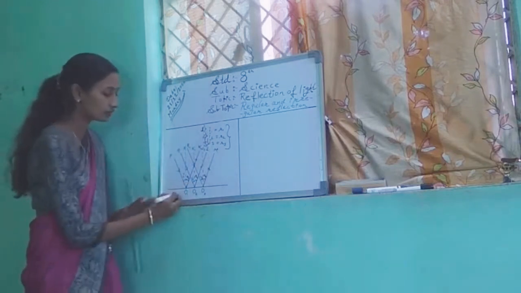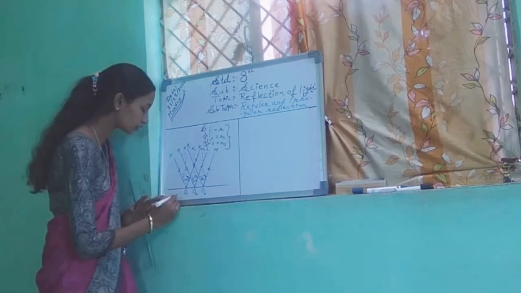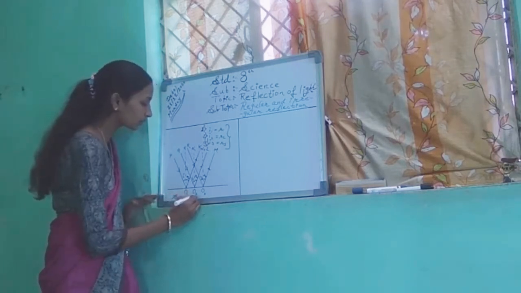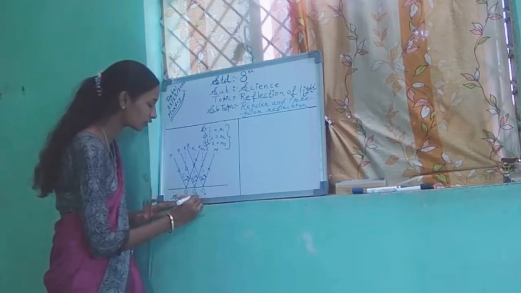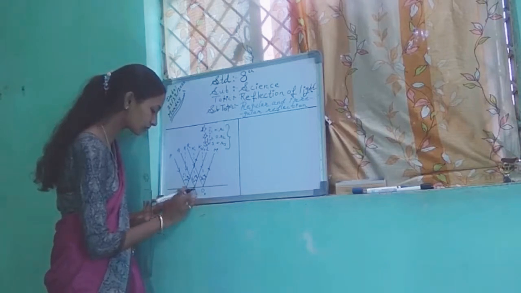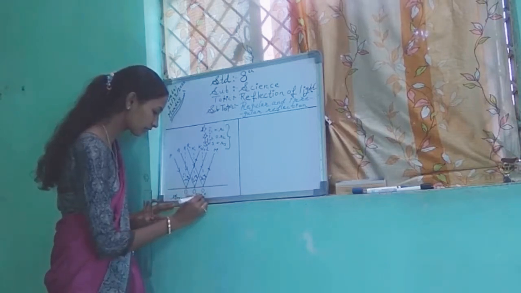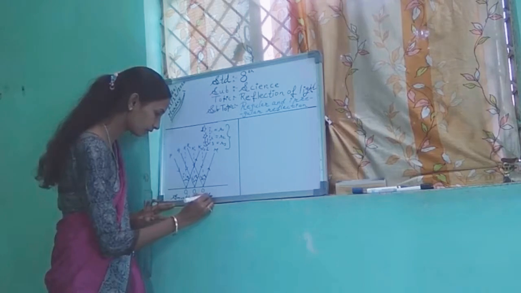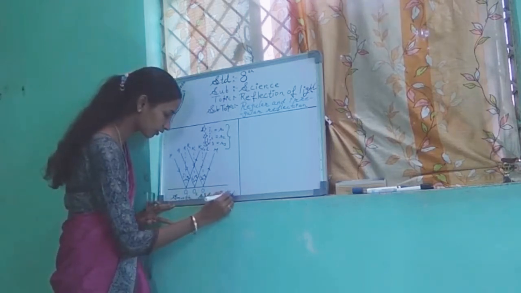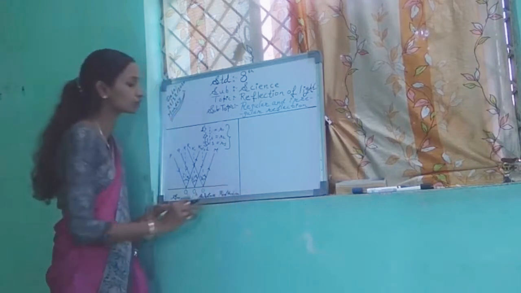This is from a smooth surface, or you can say a regular surface. You can write the definition of reflection from a smooth surface.